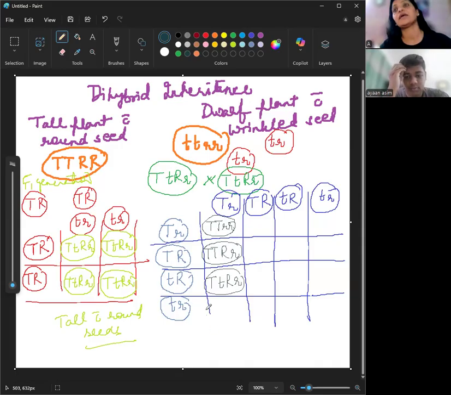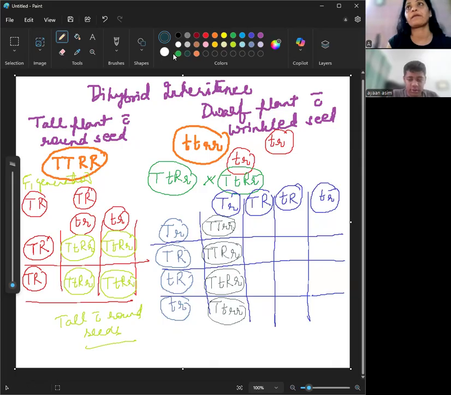Next will be capital T, small r. The next, capital T, small r, capital R. Capital T, small r.